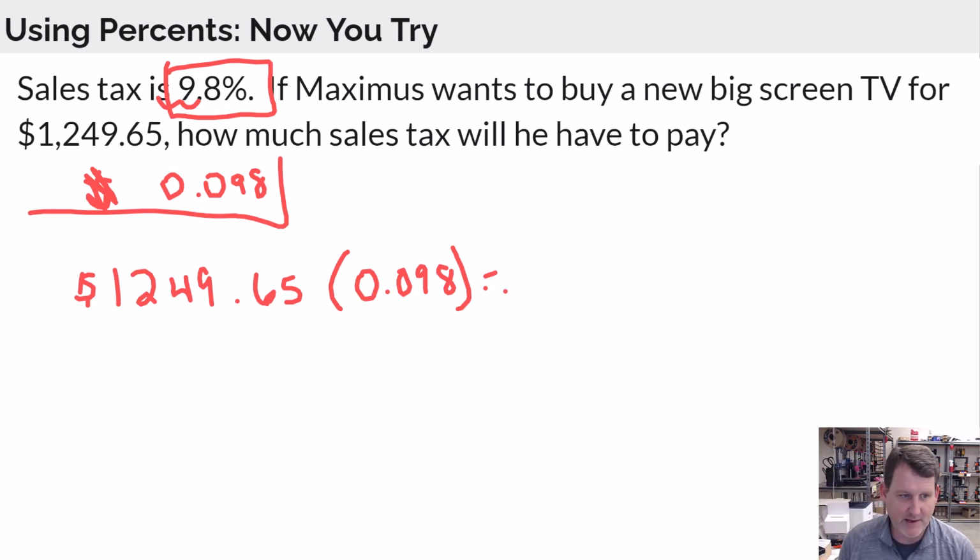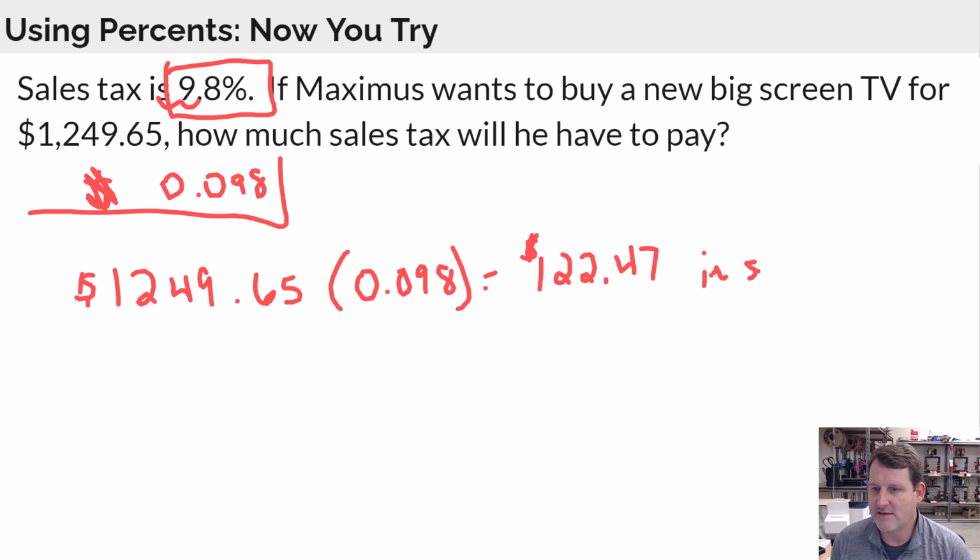And that ends up being $122.47 in sales tax. So as he's saving up for that TV, he needs to keep saving until he gets this much money more than what he really wants. So that's kind of a cool thing to know how to do.